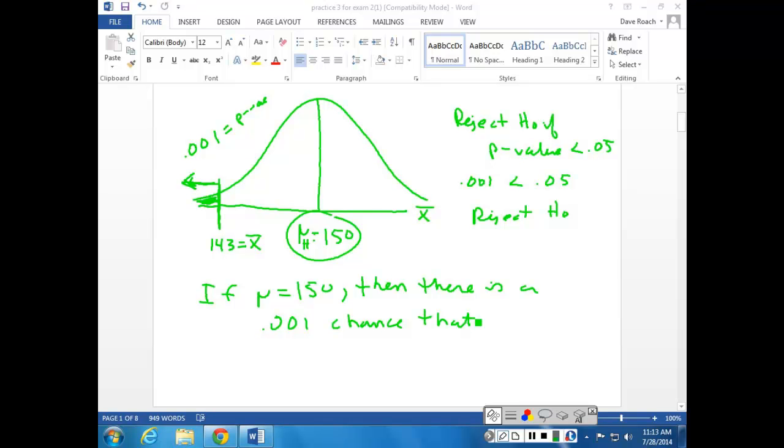we would obtain a sample mean less than or equal to 143.